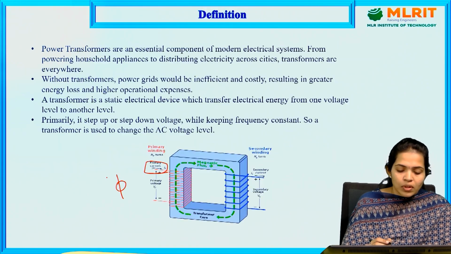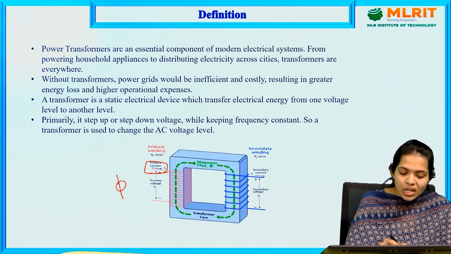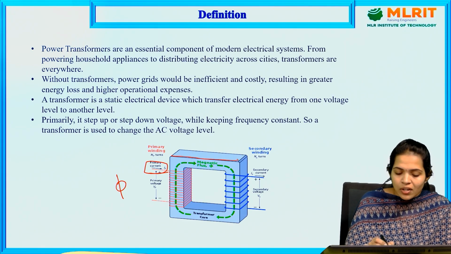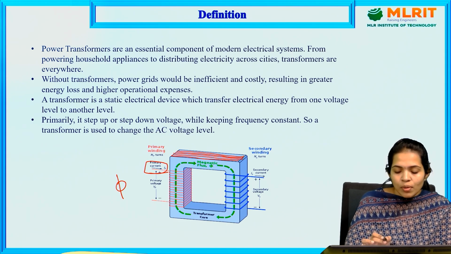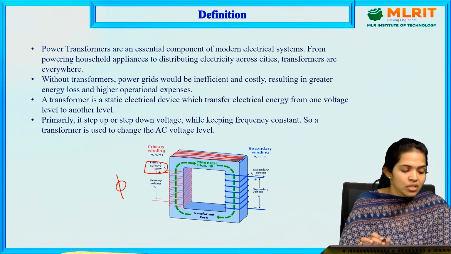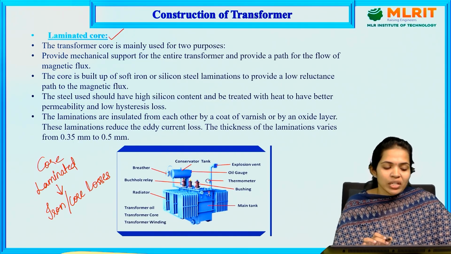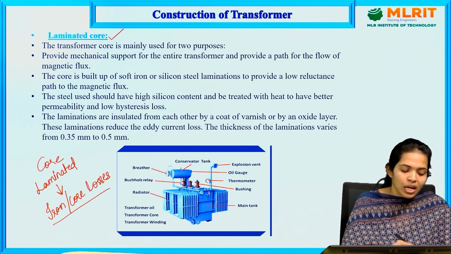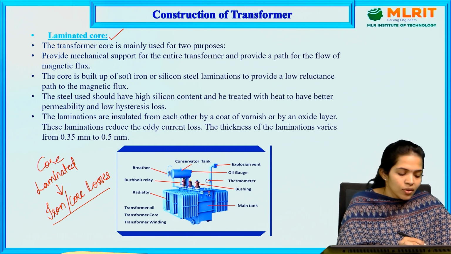If you see the structure of this transformer, there will be thin laminations like this in the core of the transformer, which are again insulated from each other by using insulating agents. So these laminations are used to reduce the iron or core losses.